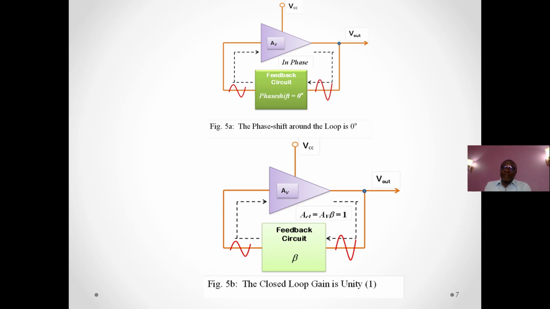Now, if you look at that signal waveform in red, which is going into the feedback circuit, and the one that is coming out, we have illustrated using different amplitude. But if you look at that, you see that the phase with which the signal enters the feedback circuit is the phase with which it comes out.